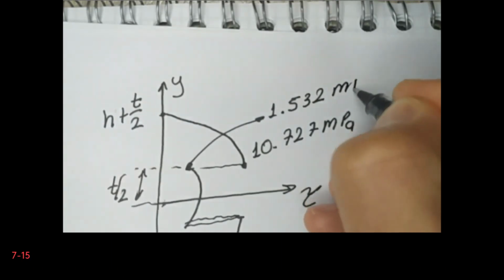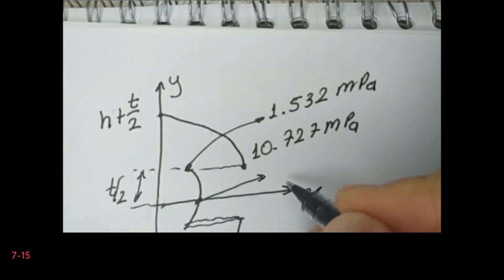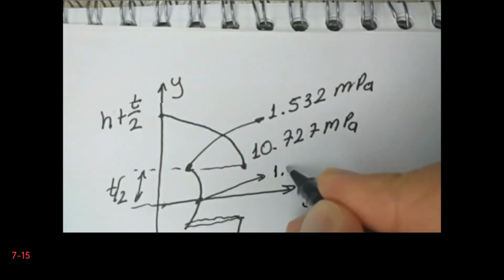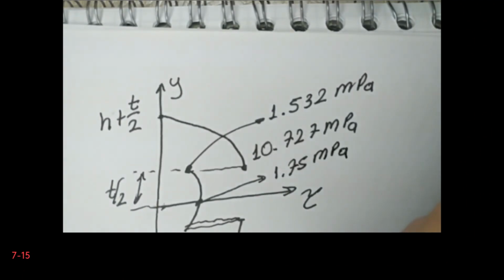Moreover, on the neutral axis, the shear stress is 1.75 megapascals. And in fact, it is symmetric with respect to the neutral axis. Okay, so this is the distribution of the shear stress.